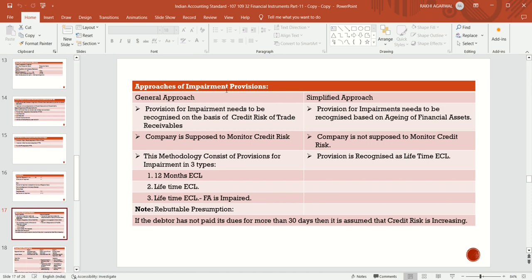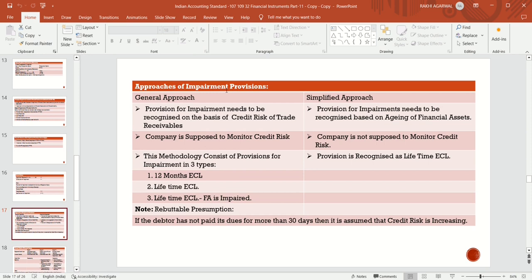But in the simplified approach, provision for impairment needs to be recognized based on aging of financial assets, like 0 to 6 months, 6 months to 1 year, 1 to 2 years, 2 to 3 years, 3 to 5 years, or more than 5. In this way the aging criteria is there for which the provision is to be recognized.